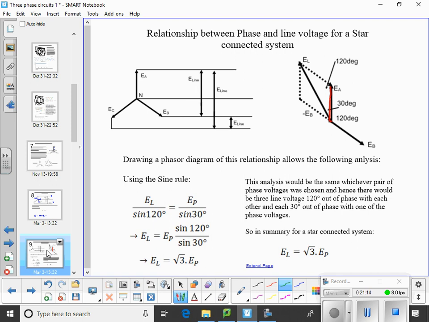EB would be this way, and minus EB is a complete opposite angle. And then our resultant comes in, completing that parallelogram.